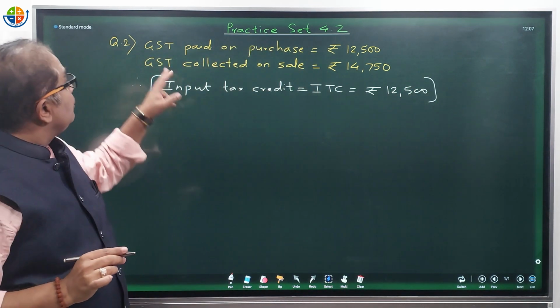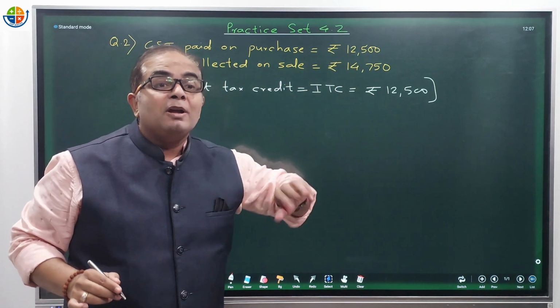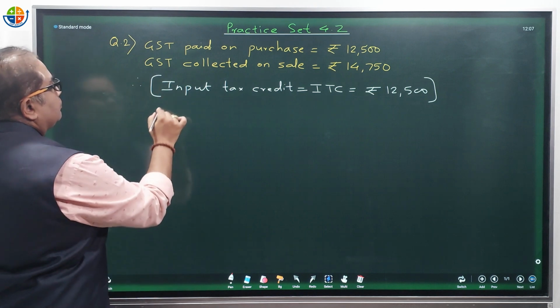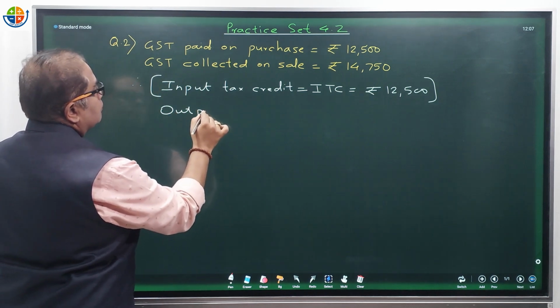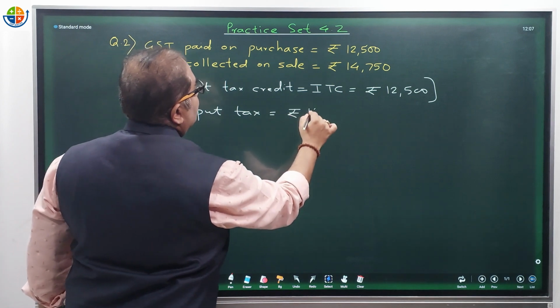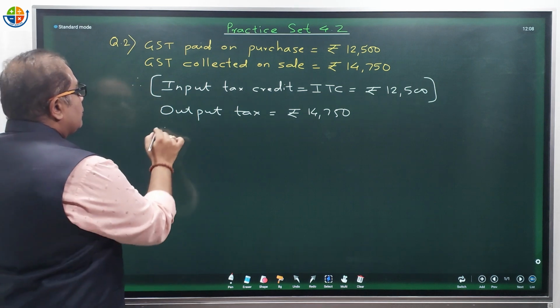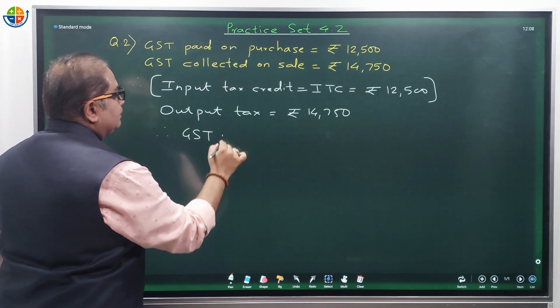Right? Now GST collected is 14,750. This is output tax, which is 14,750. Correct? So what is GST payable?